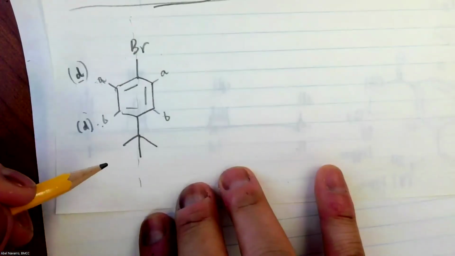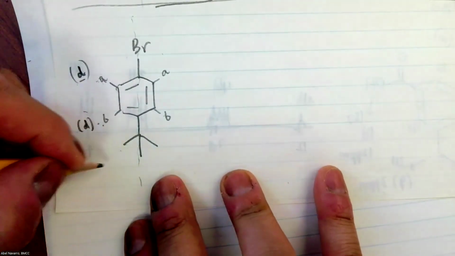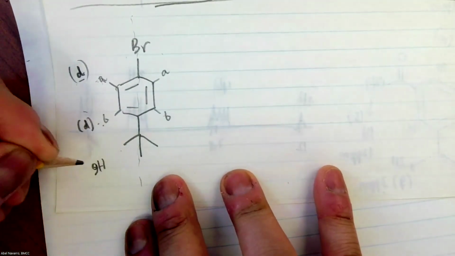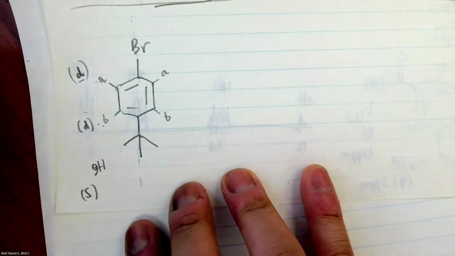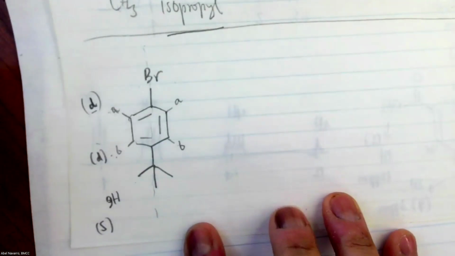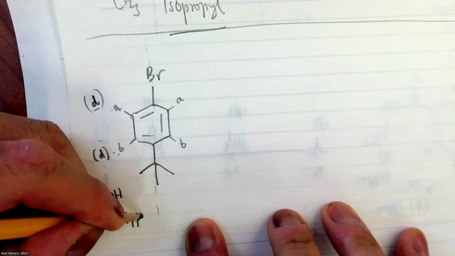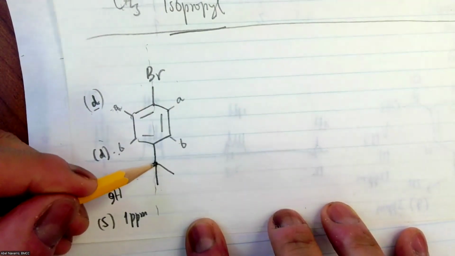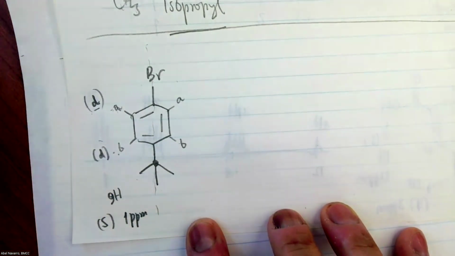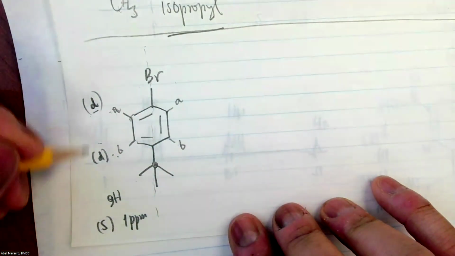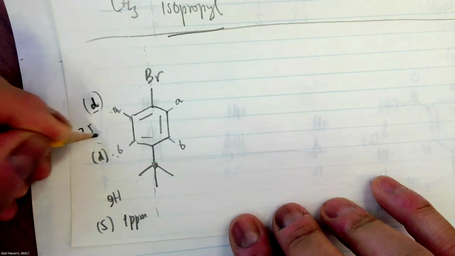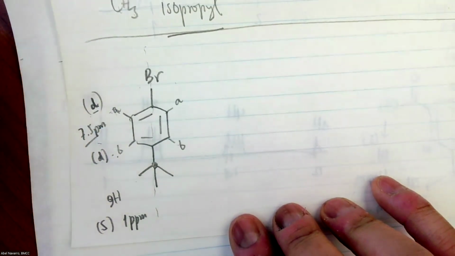What about this? This is a tert-butyl. We mentioned that tert-butyls have 9 H's, singlet. And the chemical shift for tert-butyls is always going to be 1 ppm, because they are next to a plain carbon, so it won't make that much difference. The aromatic, we say 7.5 ppm.